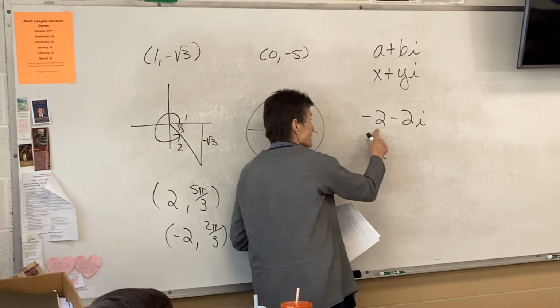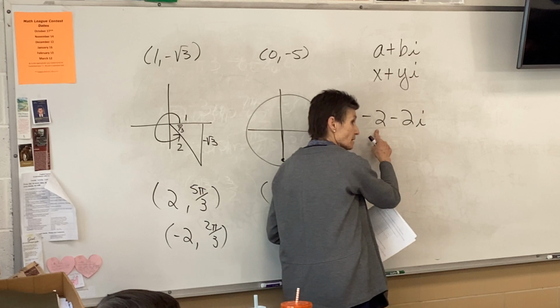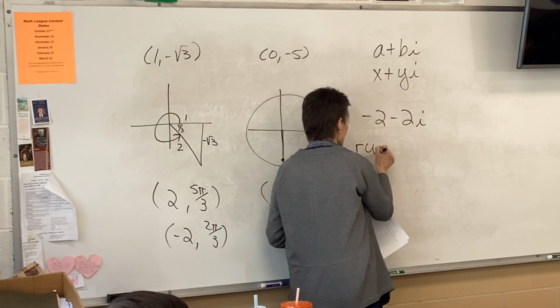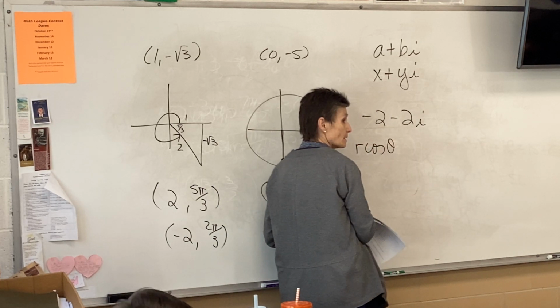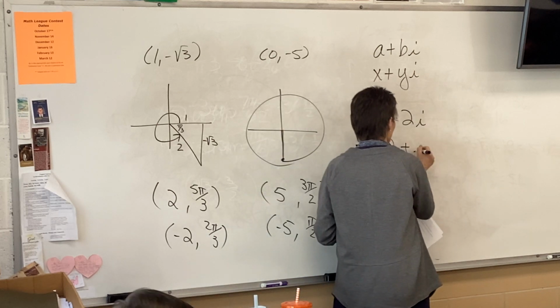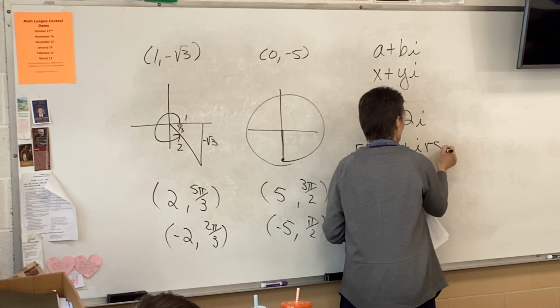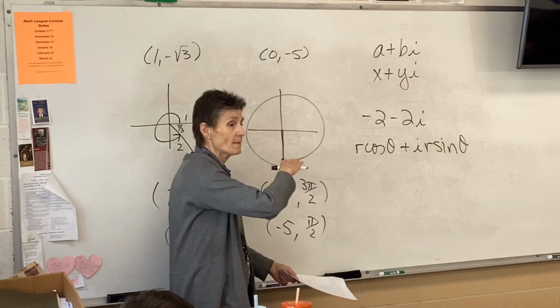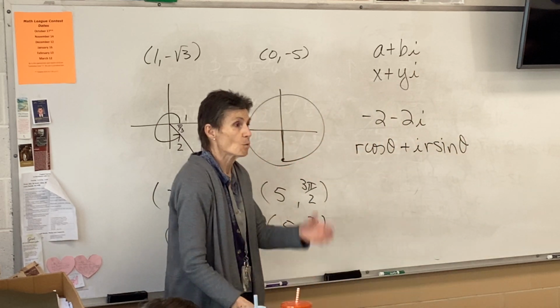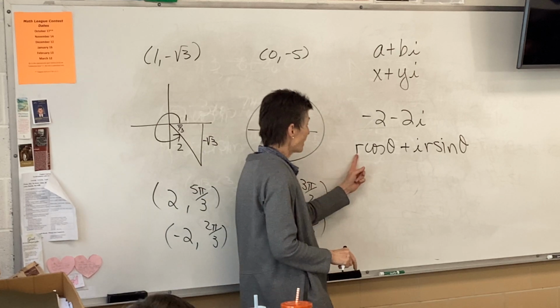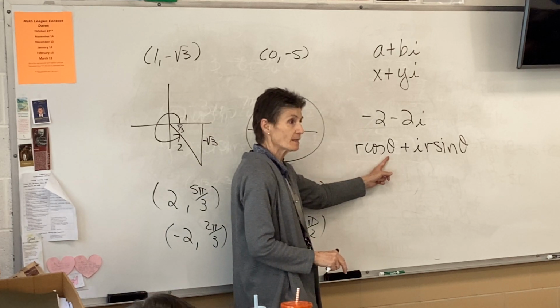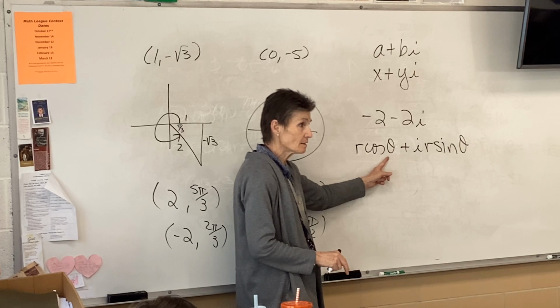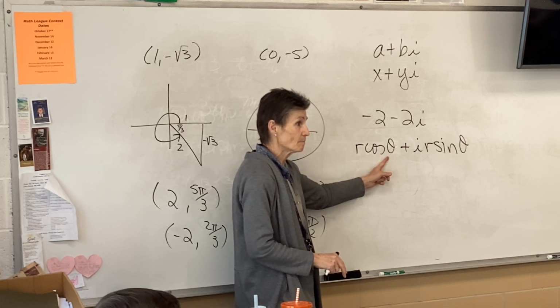That means instead of x, I'm going to have r cosine theta, and instead of y, I'm going to have r sine theta. There is your number in polar form. So what do you need to find? You need to find r and theta. Do we know how to do that? Yep, we just did it.